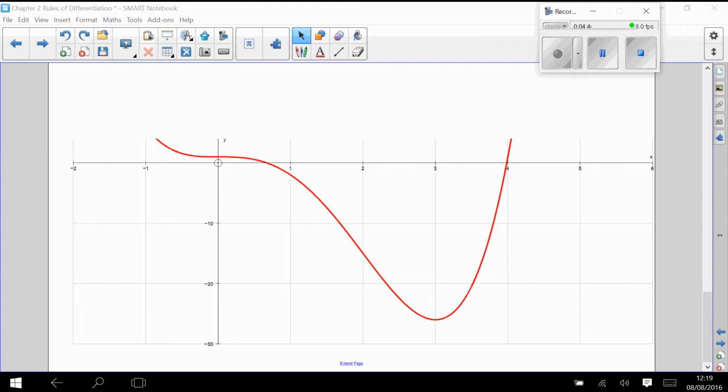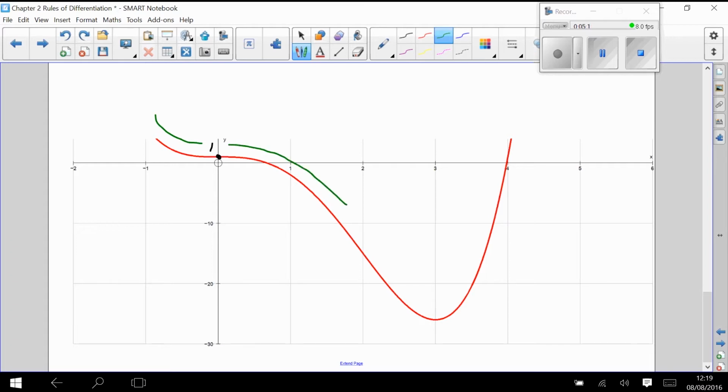If I take a look at the sketch that I've given you over here, let's try and confirm the information that we've already managed to find. So we said that our y-intercept was going to be at 0, 1. This is when x is 0. We said to the left of it, our graph was going to be concave up, and then to the right of when x is 0, our graph was concave down.